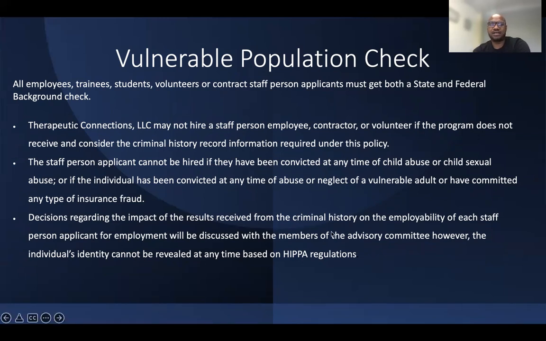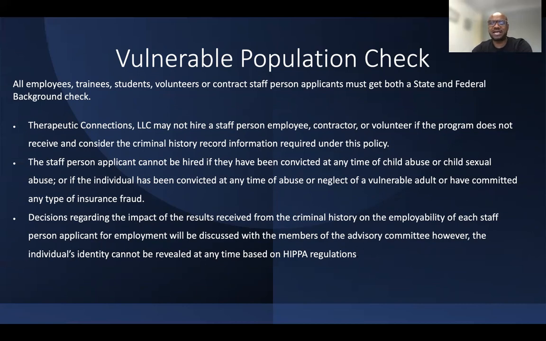So if you're out of the state of Maryland, please make sure that you're looking at what those requirements are within your state. But for my company, Therapeutic Connections, we will not hire a staff person that has a criminal history under this policy.